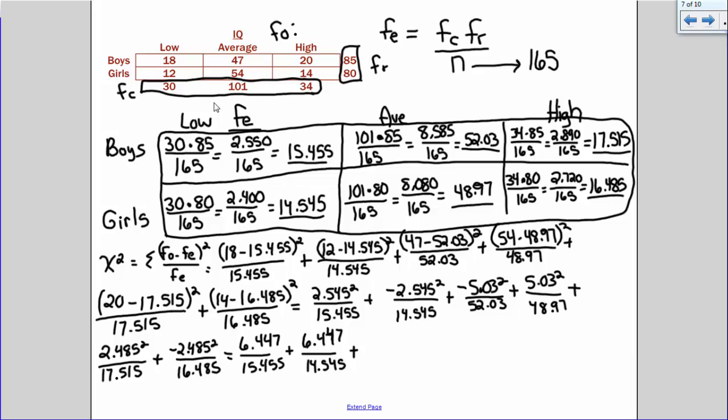And then we have 25.301 divided by 52.03, and then 25.301 divided by 48.97, and then 6.175 divided by 17.515, and then finally 6.175 divided by 16.485.